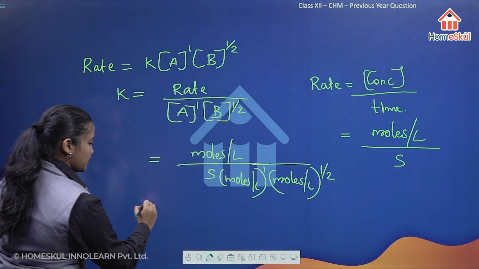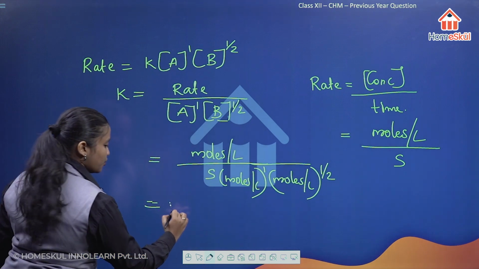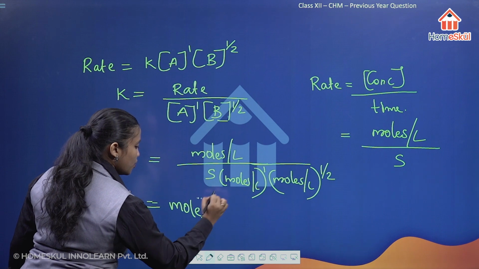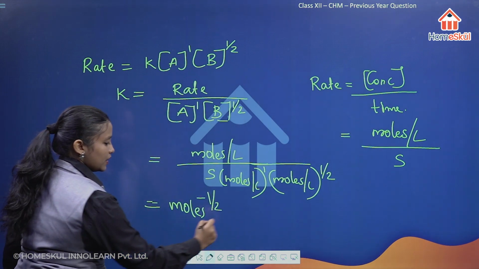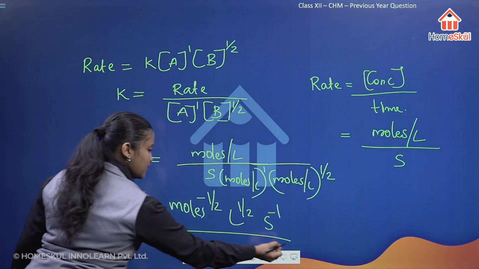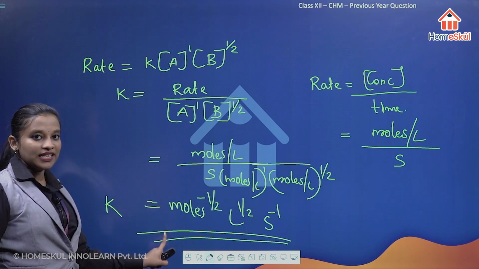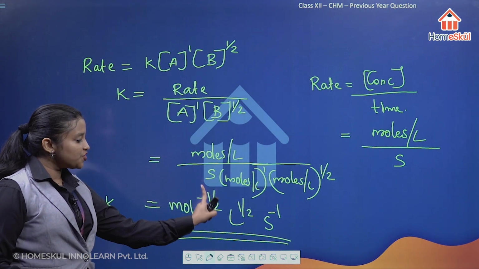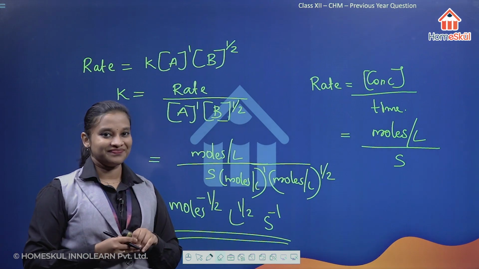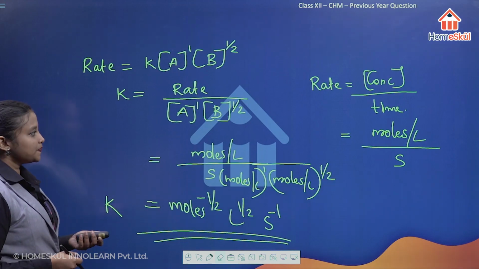From this equation, we get the unit of k is equal to mole raised to minus half, liter raised to half, and second inverse. Okay, so I hope this question is clear for you.